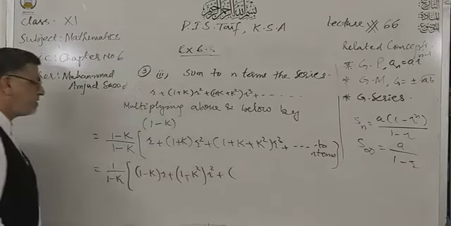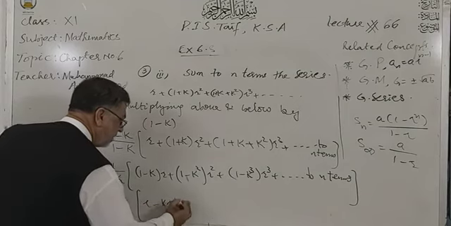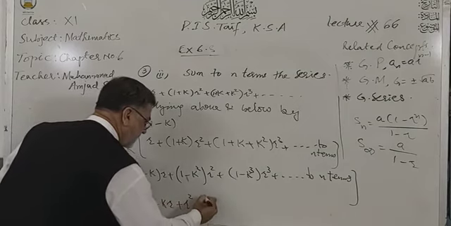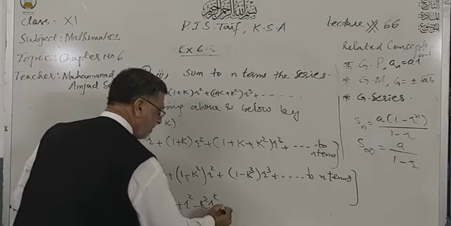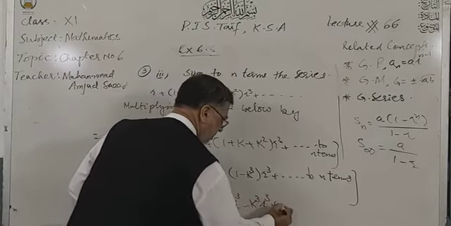Here we have 1 over 1 minus k. Now open up the brackets: r minus kr plus r squared minus k squared r squared plus r cubed minus k cubed r cubed plus so on to n terms.